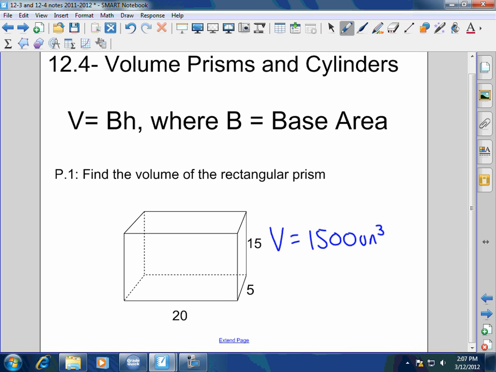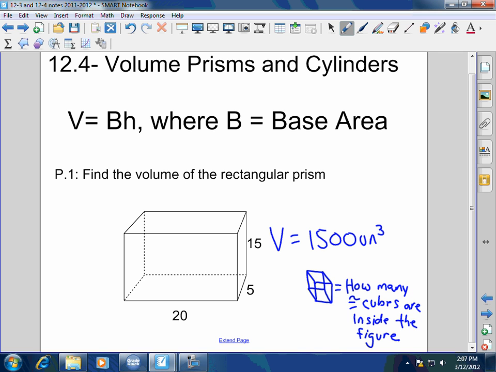Well, in this particular case, it's how many congruent cubes are inside the figure. Remember, area is how many square units in a figure. Volume has 3 dimensions. Volume is a capacity. It's like cups and ounces, fluid ounces, gallons, that's all capacity, volume.